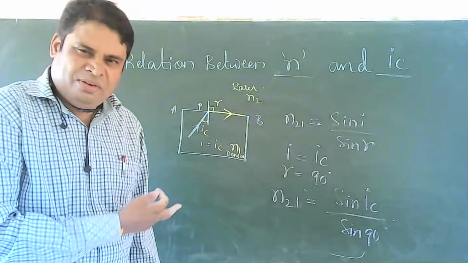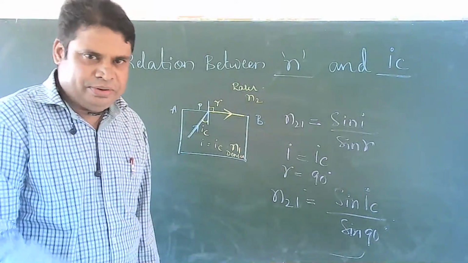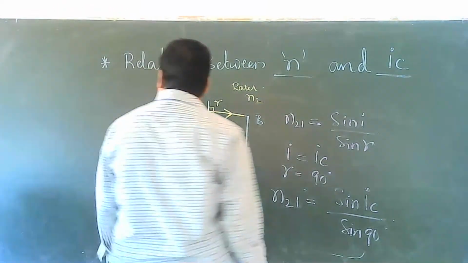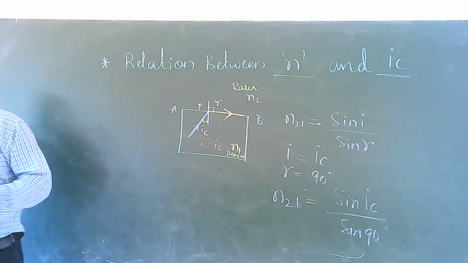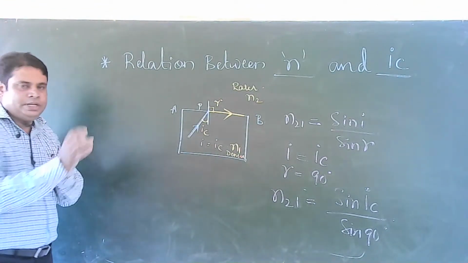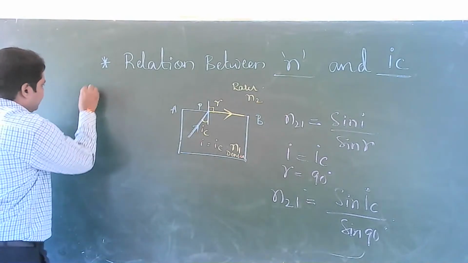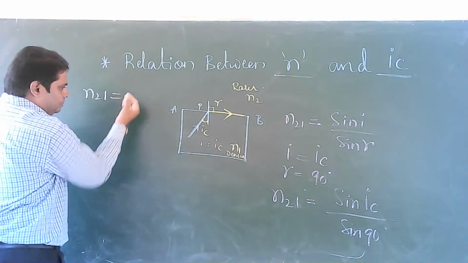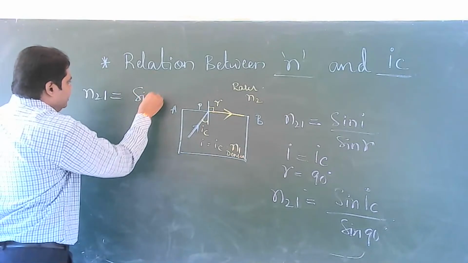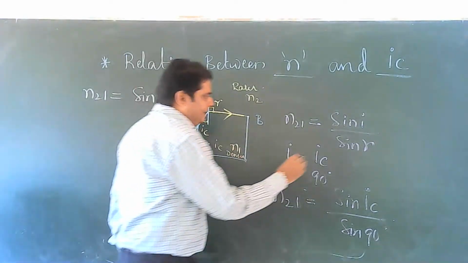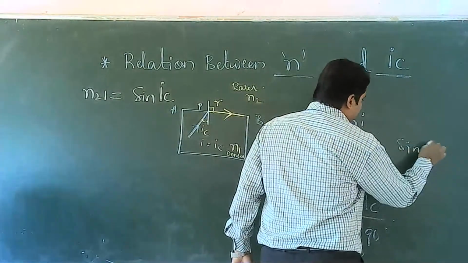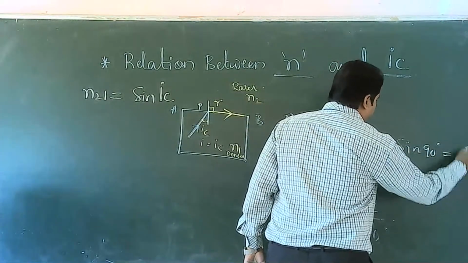Very easy, right? I hope you are getting this. Then N21 will be equal to sin IC, because sin 90 is equal to 1.